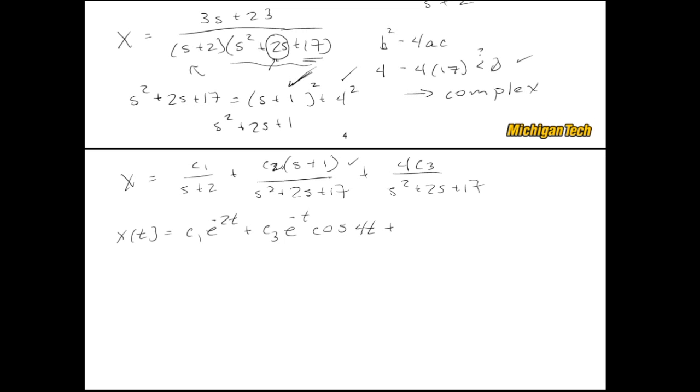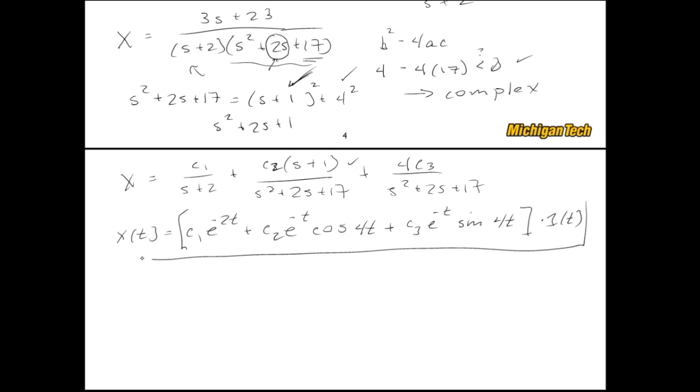This should be a C2, as should this. Plus C3 e to the negative t sine 4t. And I could multiply that whole thing by a unit step. Boom. And there is the form of my solution. Now it's just a matter of finding C1, C2, and C3.